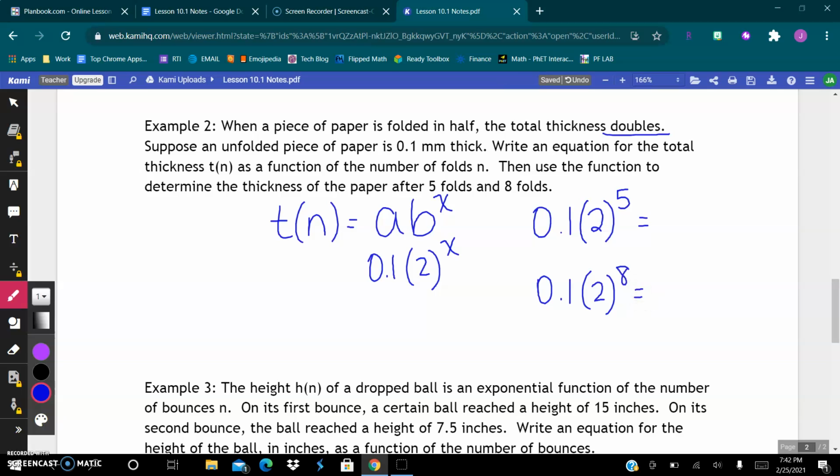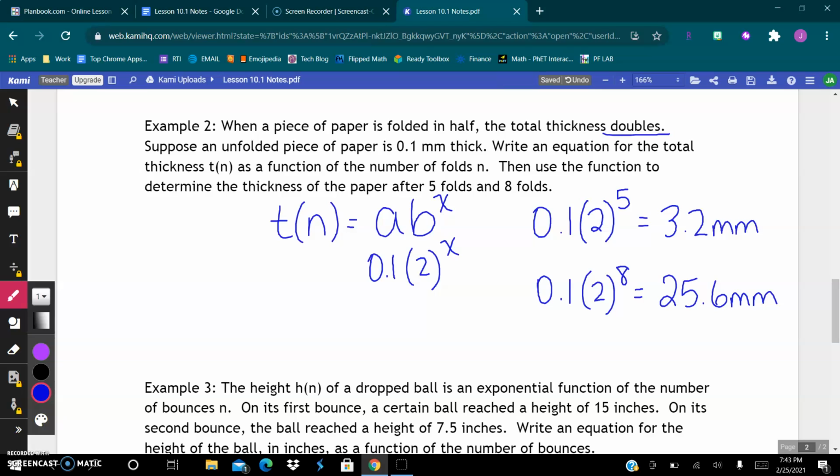So when I type that in my calculator, five folds would be 3.2, and we're talking about millimeters. And then if I fold that paper 8 times, I would get 25.6 millimeters thick.